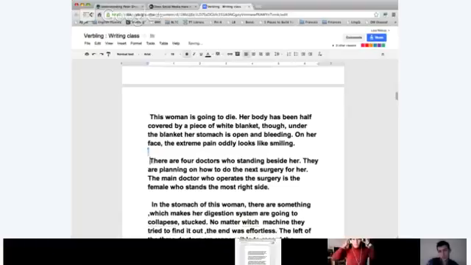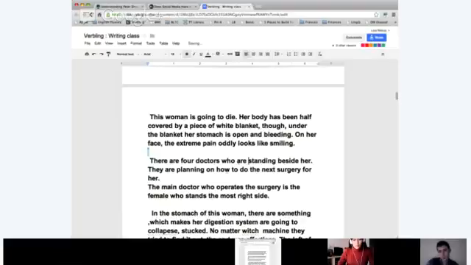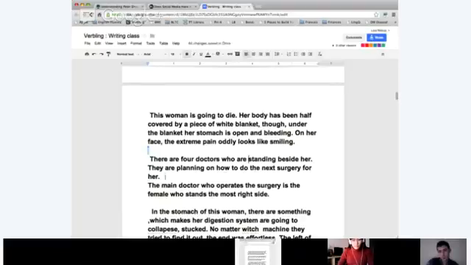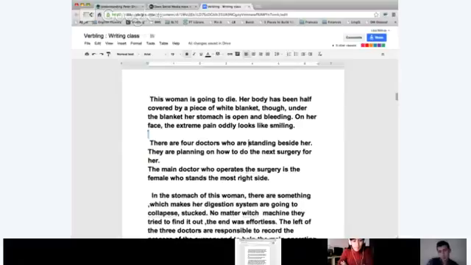There are 4 doctors who are standing beside her. They are planning on how to do the next surgery for her. The main doctor who operates, or who does the surgery, is the female who stands on the farthest right side.